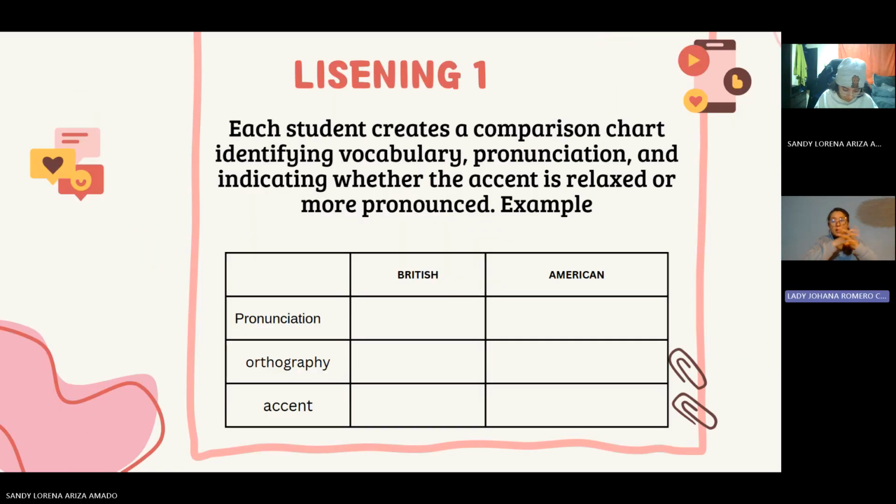In this case, the first activity is that each student creates a comparison chart. It's important that the students are clear about the pronunciation, orthography, and accent. The purpose is to listen to the video and interpret the accent, a specific word or vocabulary.